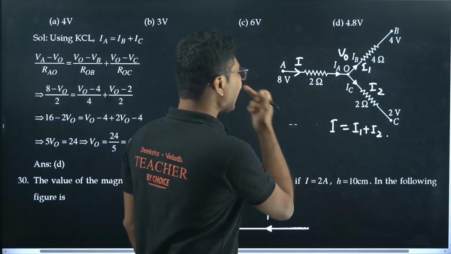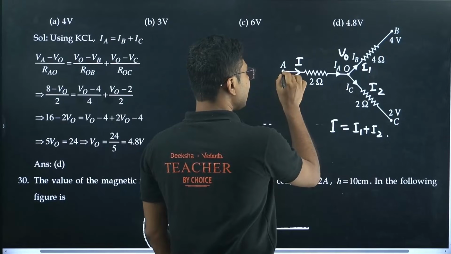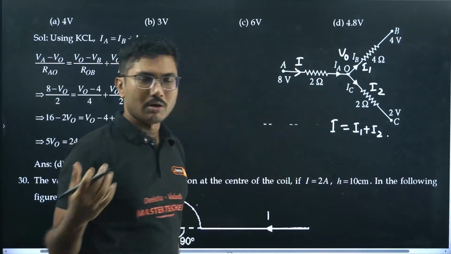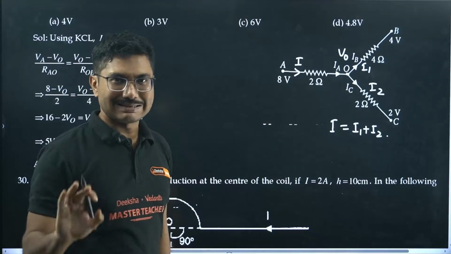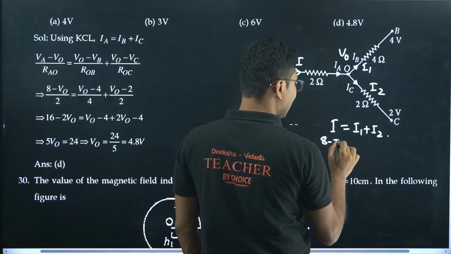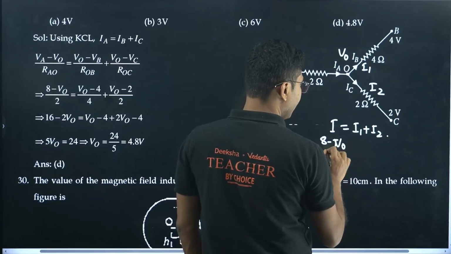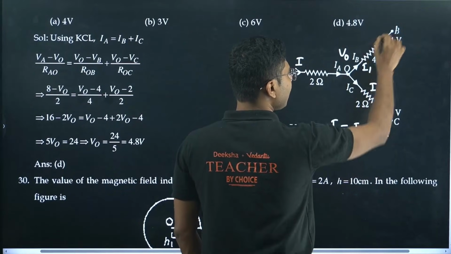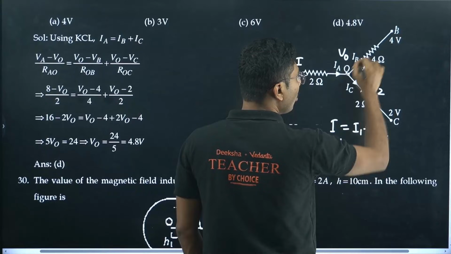Now what is I? I is larger potential minus smaller potential divided by 2. That is Ohm's law. Difference in potential by resistance is the current. So you get 8 minus VO divided by 2. And what is I1? Now this is larger because current is moving from O towards B.